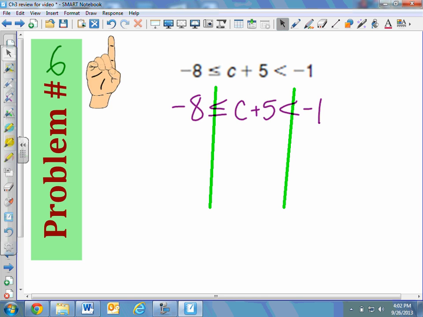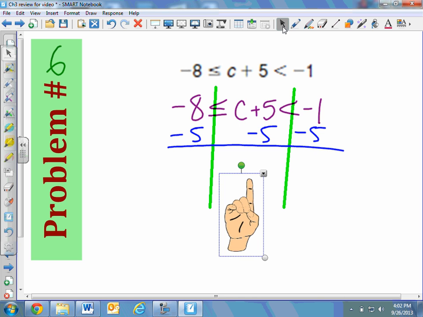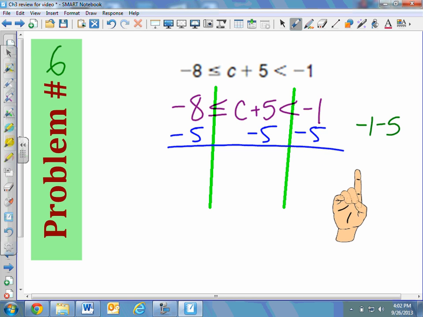And then your job is going to be to get rid of this 5 first because you want to isolate this c. So get rid of this 5 here. It's going to be opposite of plus 5, minus 5. And do that on all 3 sides, okay? All 3 sides. So now we got to simplify this thing. Negative 1 minus 5. Now if you're not good at those, remember, do them in a straight line if you're comfortable seeing it this way instead.